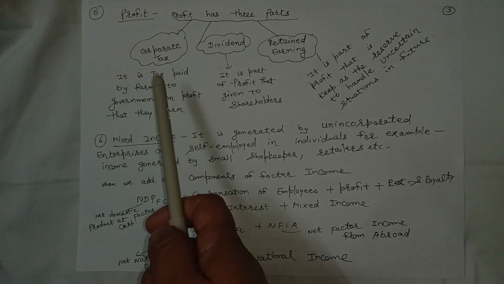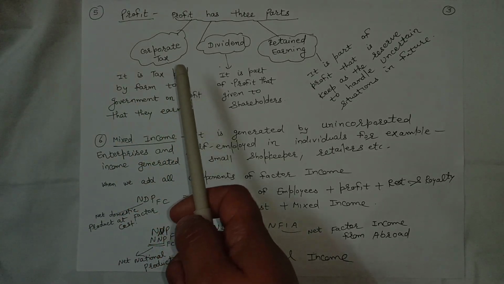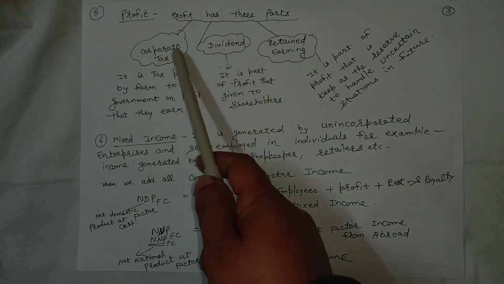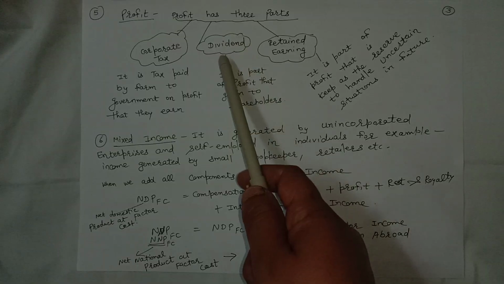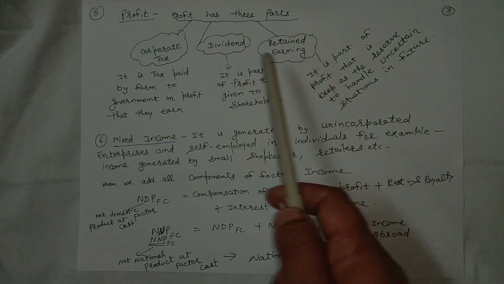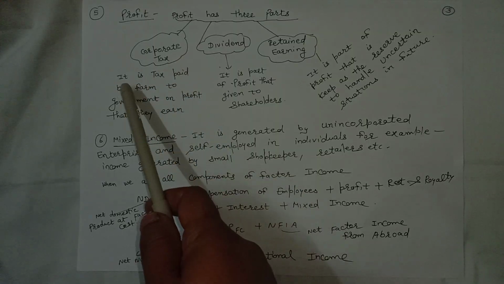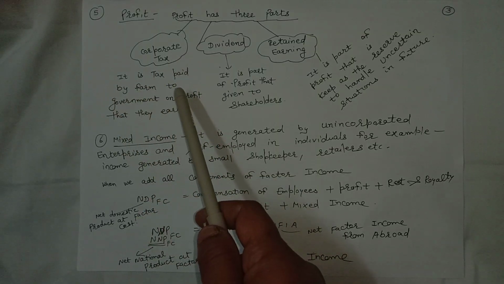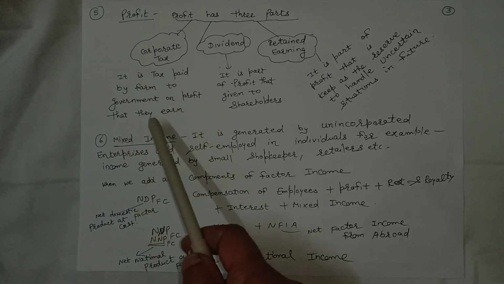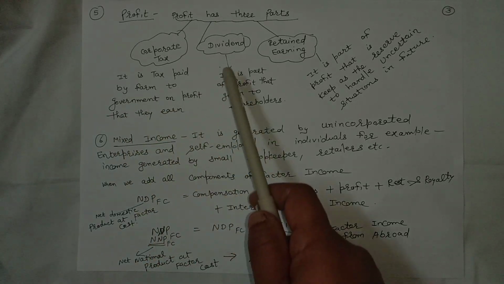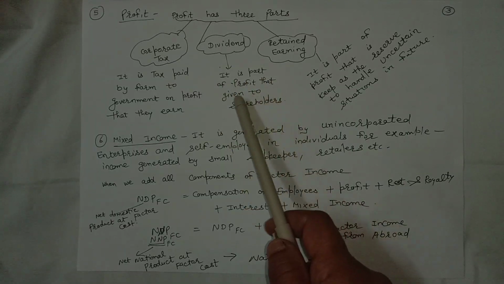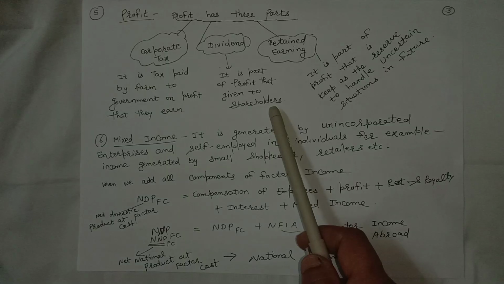Okay, the next component is profit. Profit has three parts. First is corporate tax, second is dividend, third is retained earnings. What is corporate tax? It is the tax paid by a firm to the government on the profit that they earn. Dividend: it is the part of profit that is given to shareholders.